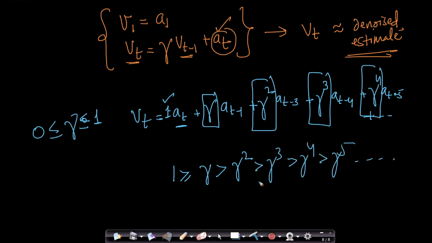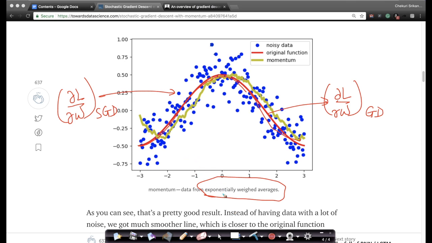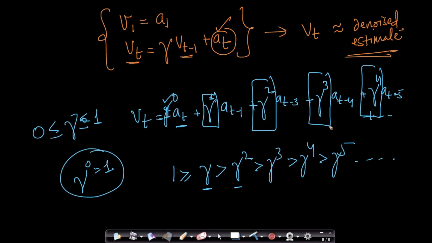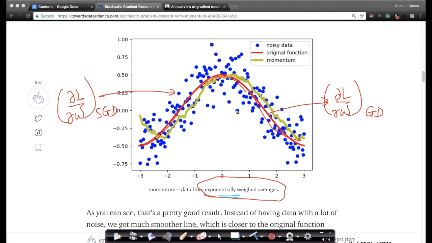This you can think of as gamma power 0, because gamma power 0 is equal to 1. So this is gamma power 0, gamma power 1, gamma power 2, 3, 4, and so on. This is called exponential weighted averages, or in this case exponential weighted sums, because you're just summing it up here. Very interesting concept.